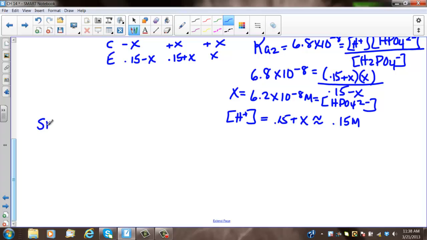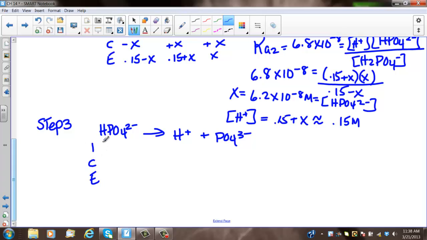Going into step 3, which is the removal of the last hydrogen, I have HPO4 2 minus, which dissociates into H plus and PO4 3 minus. Let's look at my ice table. So my initial concentration of HPO4 2 minus is coming from my last calculation, which is going to be 6.2 times 10 to the negative 8th.